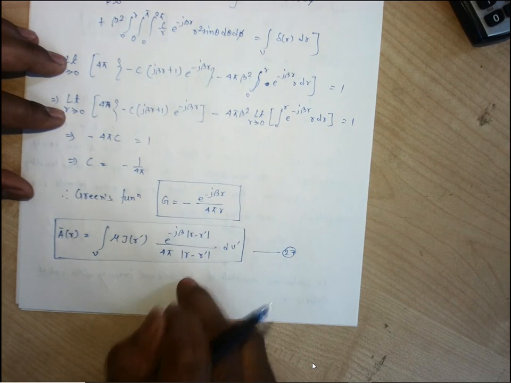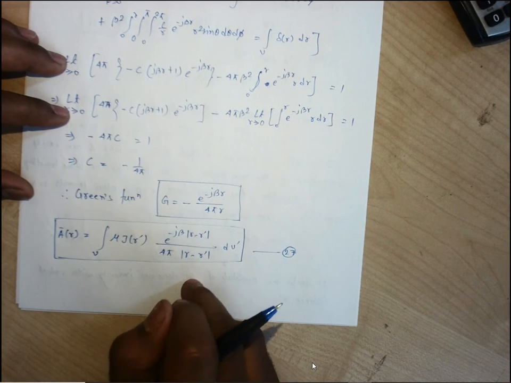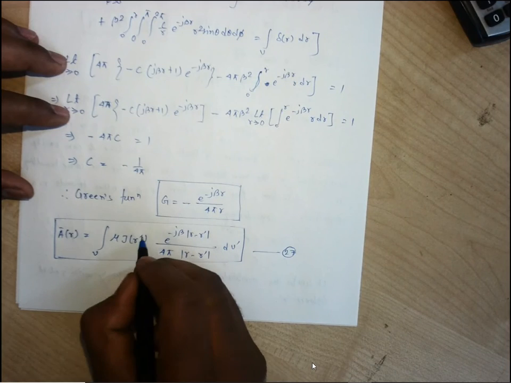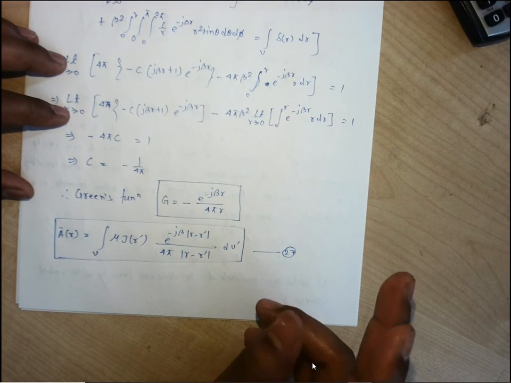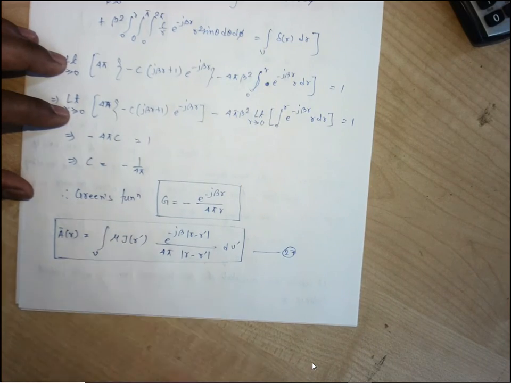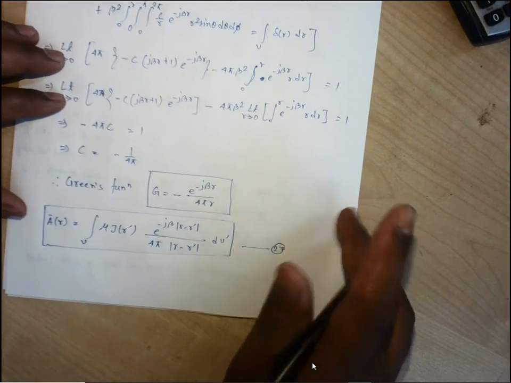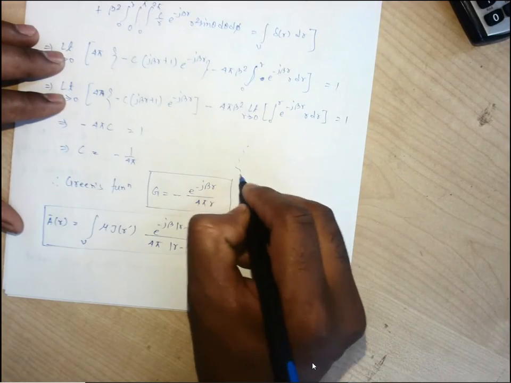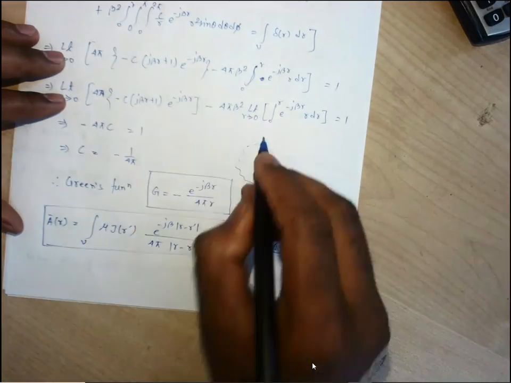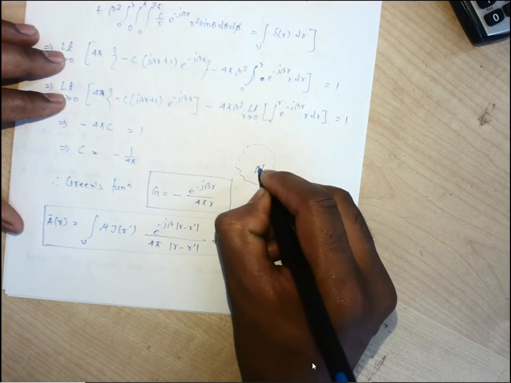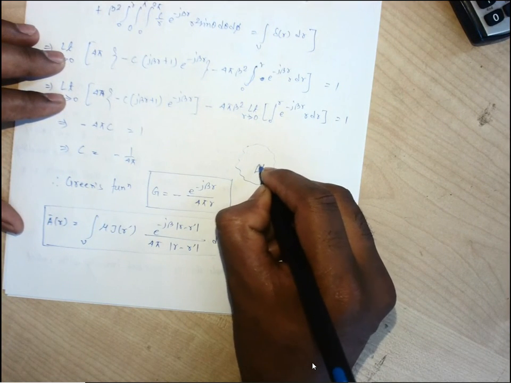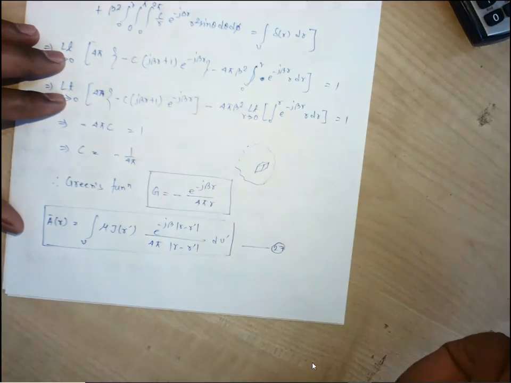So what does this denote? r prime denotes the location of the current source, and this r is the location where we are finding the vector potential. So let us consider we have a current source like this. Inside some closed volume we have our current source. It is somewhat like this.